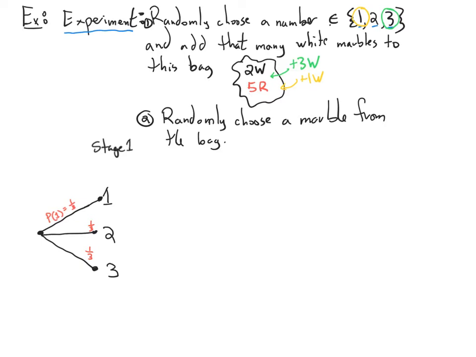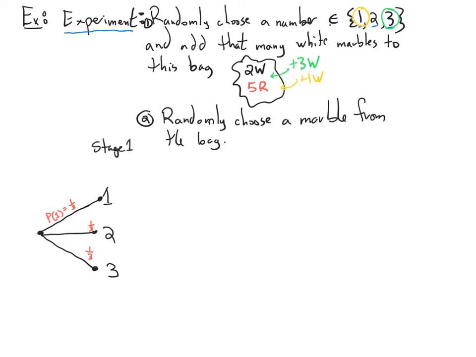So we continue on. We have the probability of getting a 1, which is a third, a 2, which is a third, a 3, which is a third. So I have each of the branches labeled with the probability of getting that specific outcome or event. Now, if I choose a 1, that changes the number of marbles in my bag.